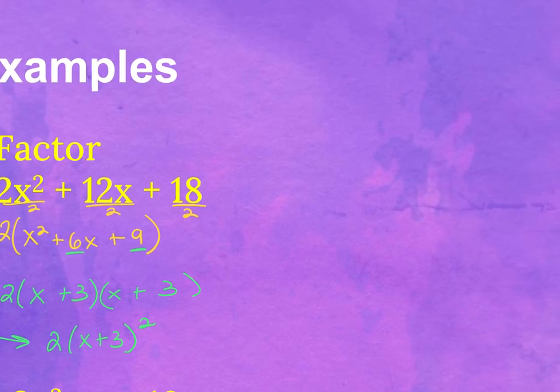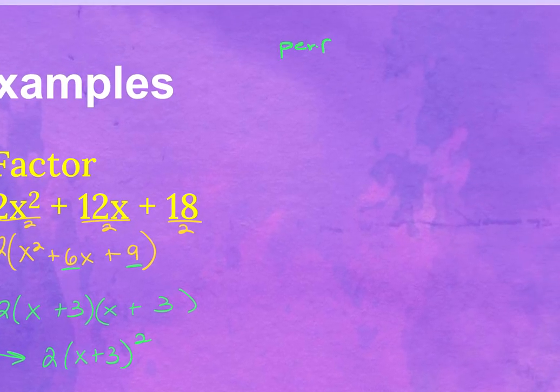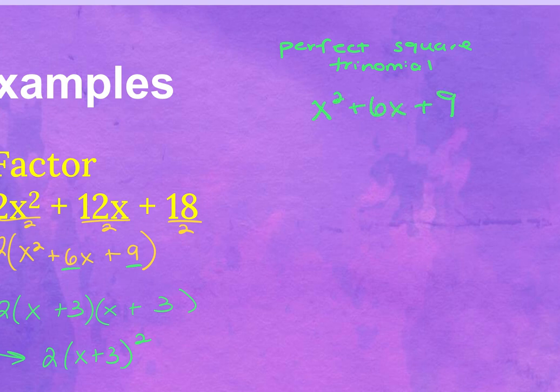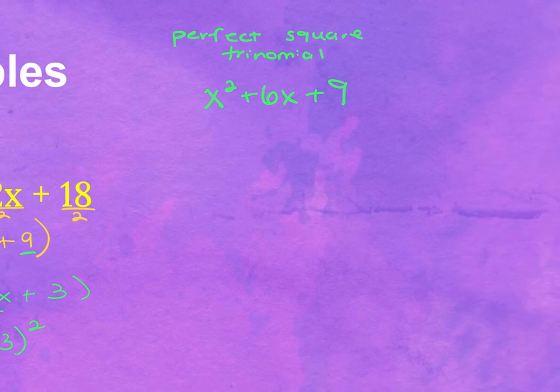Now that is a perfect square trinomial, and we haven't done these yet this year. And there's a shortcut to factoring those, so we'll use this one, x squared plus 6x plus 9. The way I look for a perfect square trinomial to identify that it is so that I can use this shortcut is you look at the first and last terms. Are they both perfect squares?